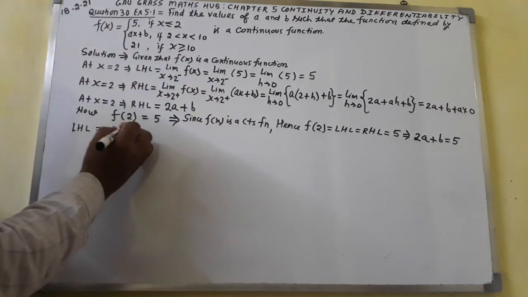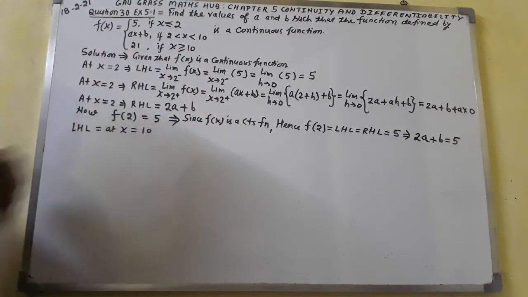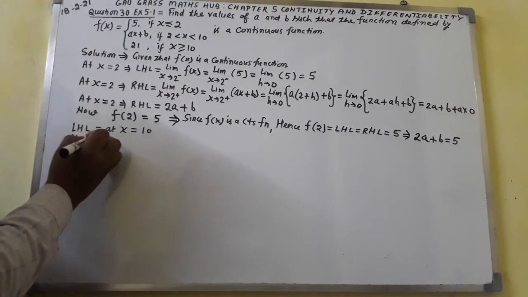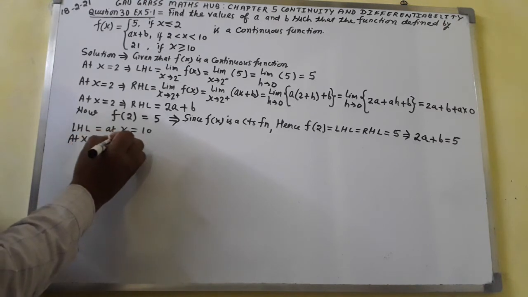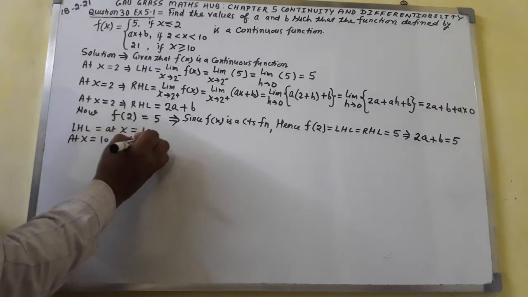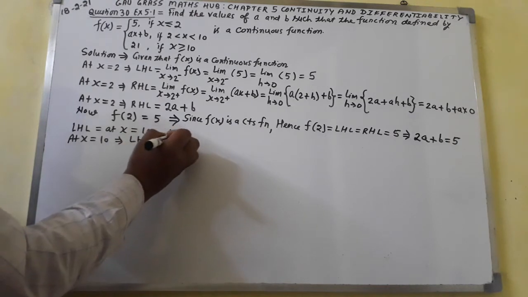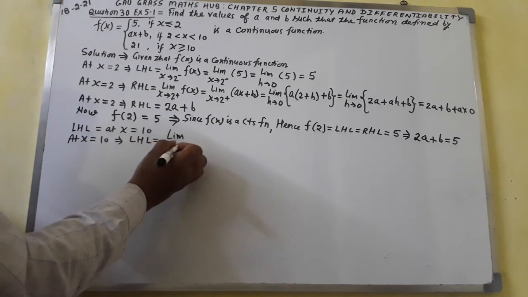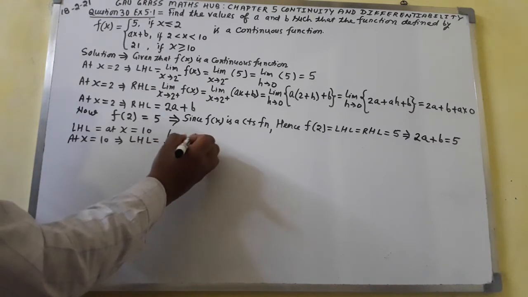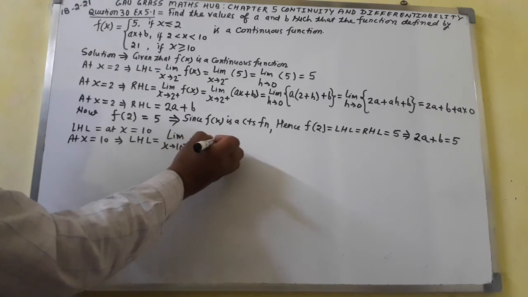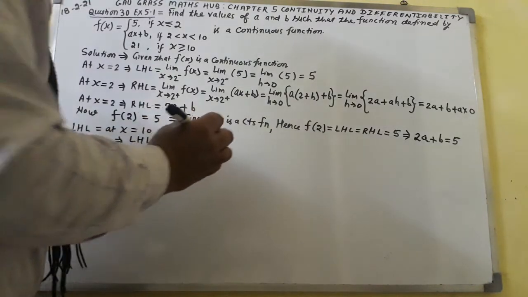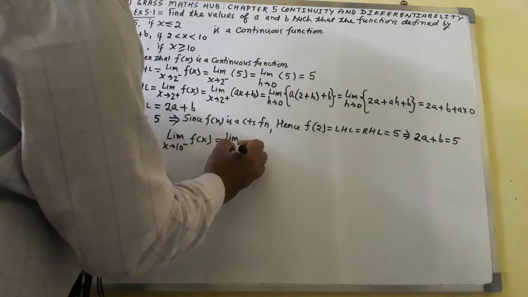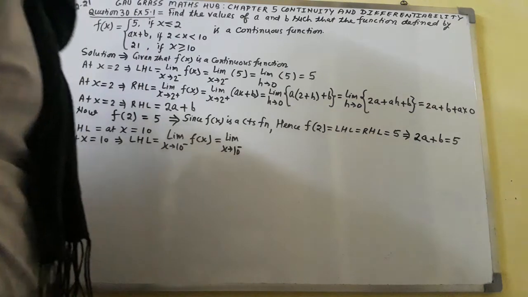So here at x equal to 10, this implies that the left hand limit equals limit x tends to 10 negative of f of x.